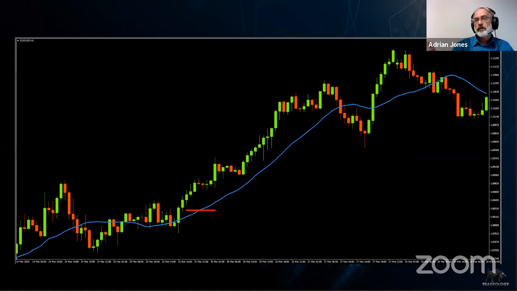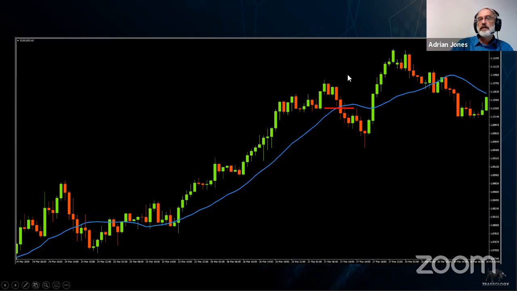Here we have an example of a chart with a 20 MA on it. And you can see that at this point here, when price crossed above the moving average, we would have set an entry. And now we're going to trail this stop loss up. As it moves up, we keep trailing according to the moving average every so often until price crosses below the moving average.